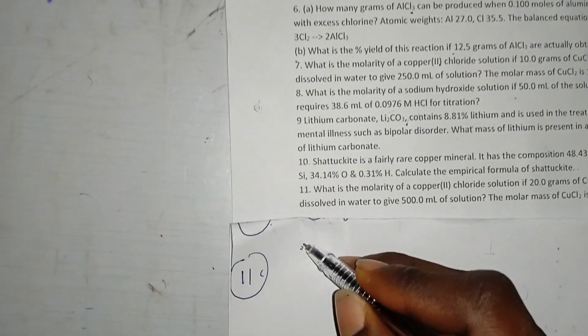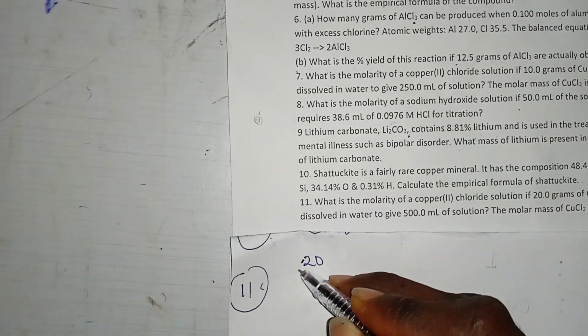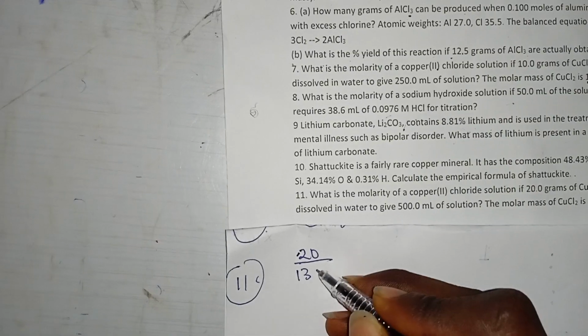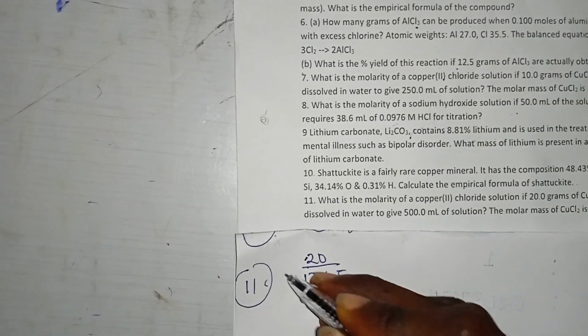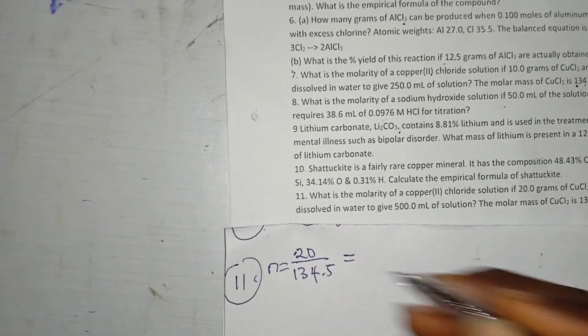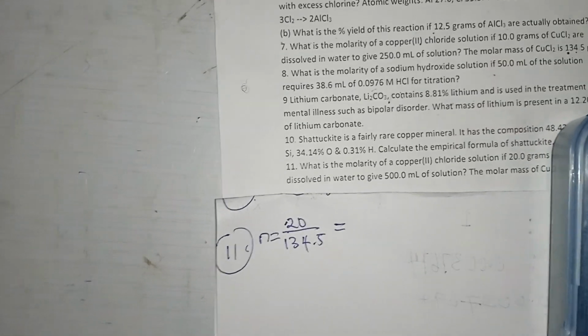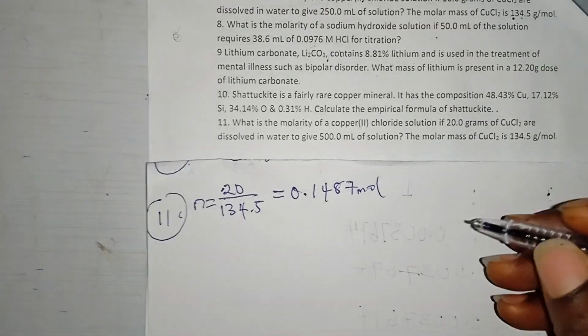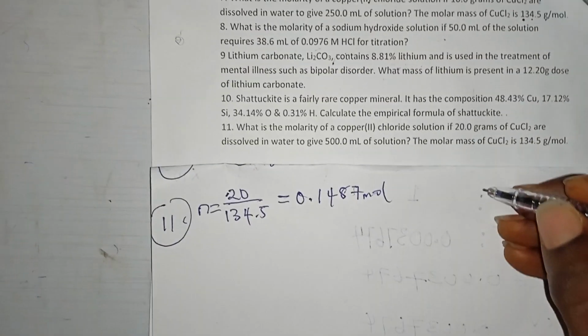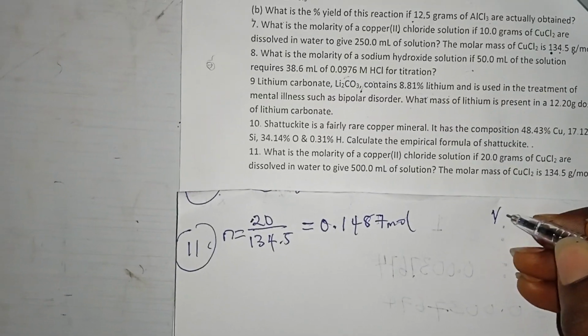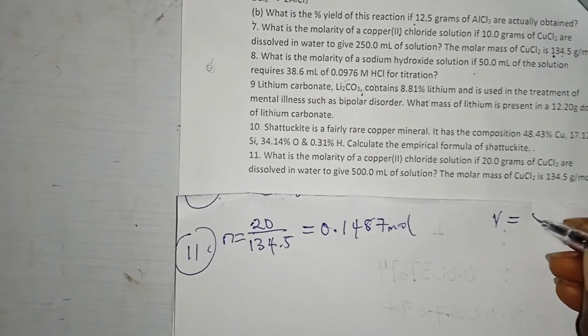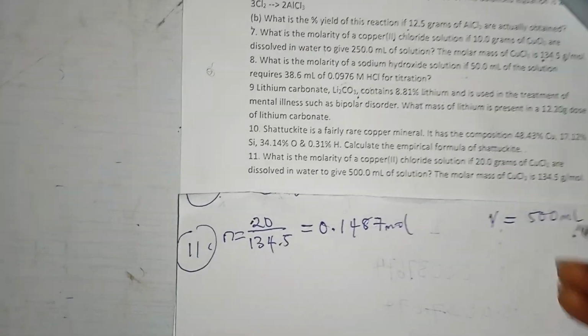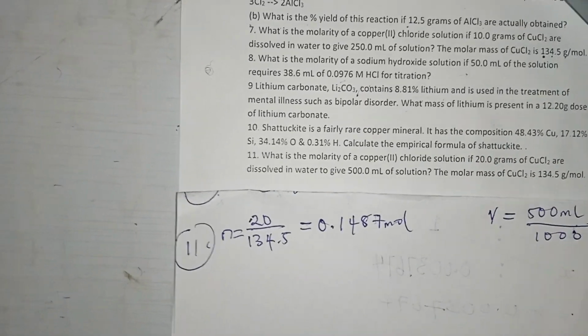We've solved something like this, just that they changed the figures. So simply do 20 grams given divided by 134.5. That is to get the mole. This is the mole. Now the volume of solution is 500 milliliter, so divide by 1000 to get the liter.